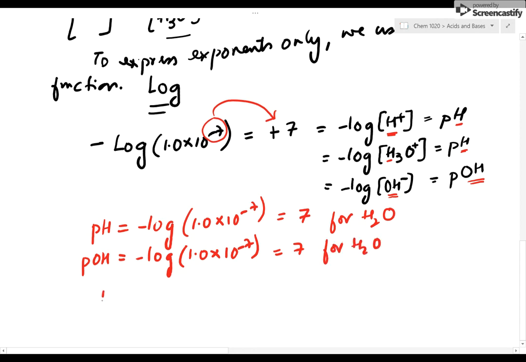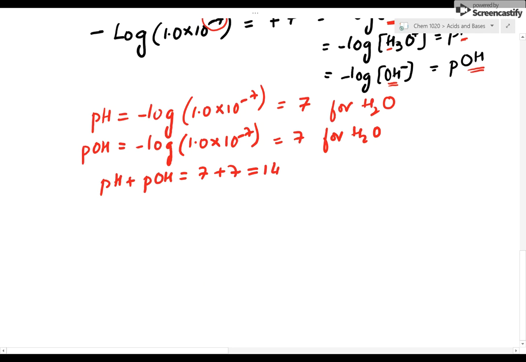So we can say that pH plus pOH is equal to 7 plus 7 is equal to 14. And so if you're measuring the pH or pOH for anything in water, then the sum of the pH plus pOH always equals 14. And this is an important relationship. So we can simply write this as pH plus pOH is equal to 14.